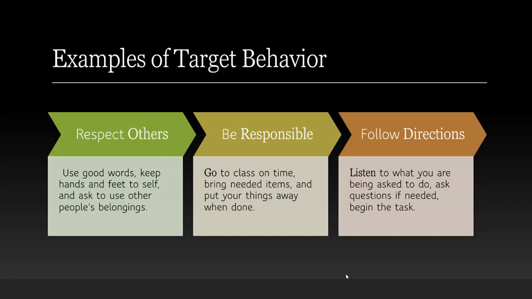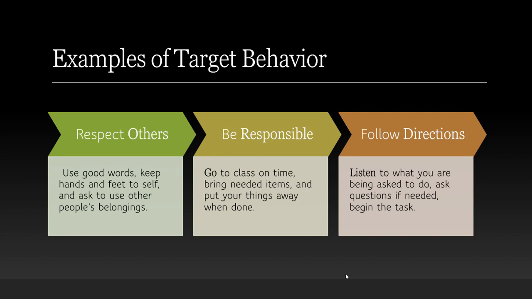So some examples of target behavior: respect others. In this case, we've defined it explicitly, which means use good words, keep hands and feet to yourself, and ask to use others' belongings. An example of a target behavior being responsible: we've defined that as go to class on time, bring needed materials, and put your things away when done.